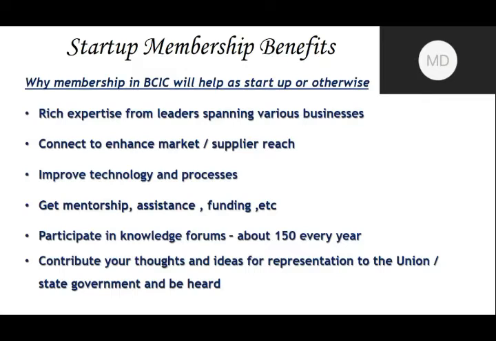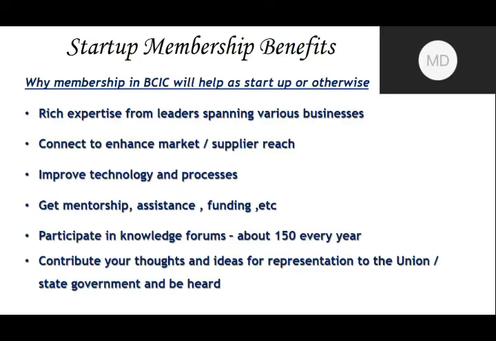As you can easily realize through the attendance and the panelists, their experiences and their depth of knowledge within various areas of the industry, this rich experience can be extremely helpful for all the budding businesses. So that is one advantage of networking that you can reap from being a member of BCIC.